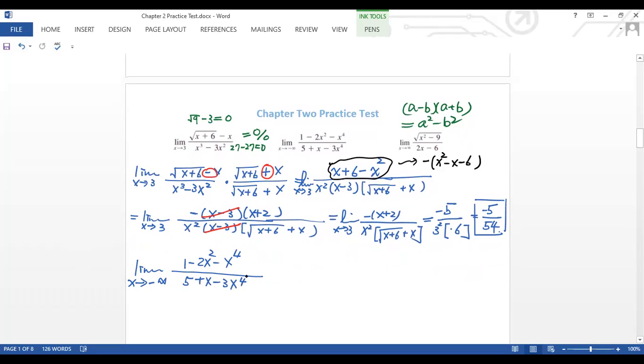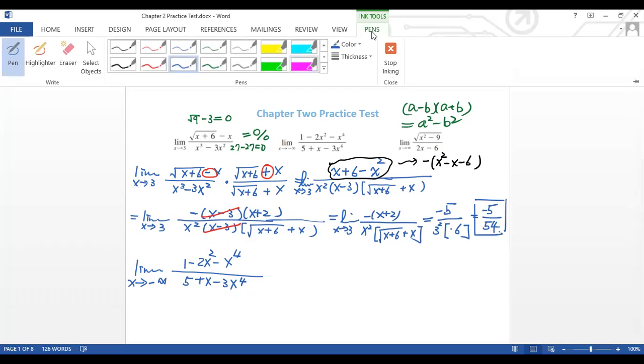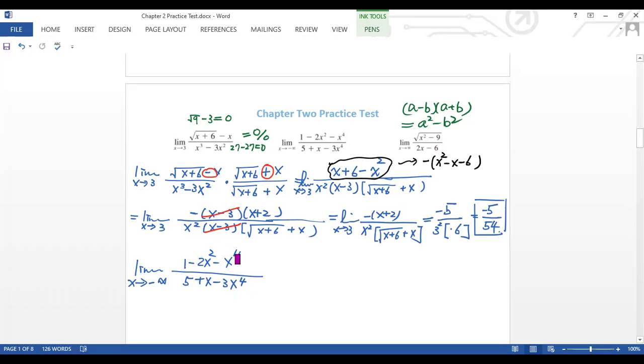We talk about this when x goes to infinity, right? Both the top and the bottom are polynomials. So if both are polynomials, what do I only care about? I only care about the highest term, right? So this is the highest term, and this is the highest term.